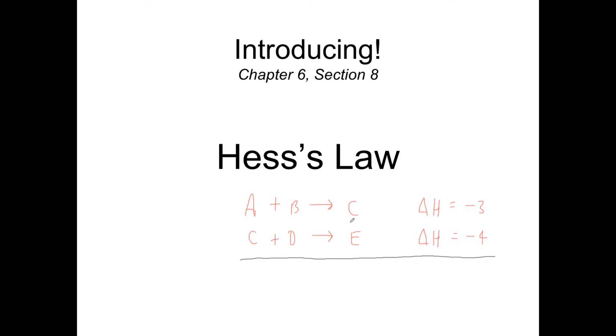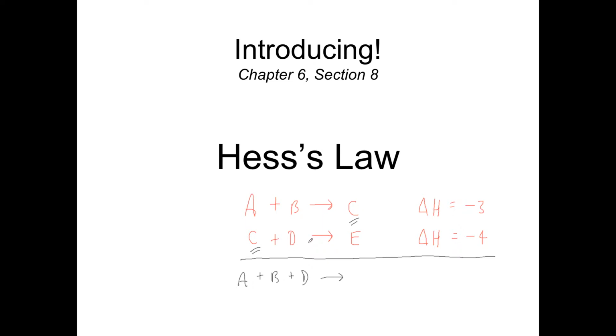Can you see that C is produced in this reaction and it's consumed in this reaction? Okay, so if we put these two reactions in the same bucket, then C is going to be nothing. There's not going to be any C there at all, right? So it's going to be A plus B plus D is going to produce what?